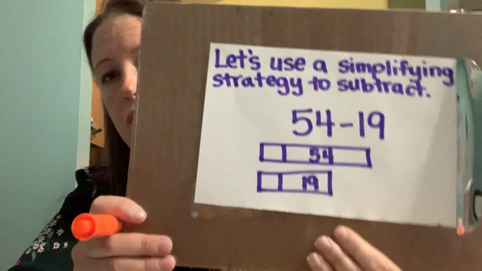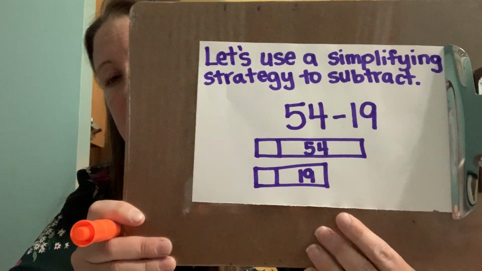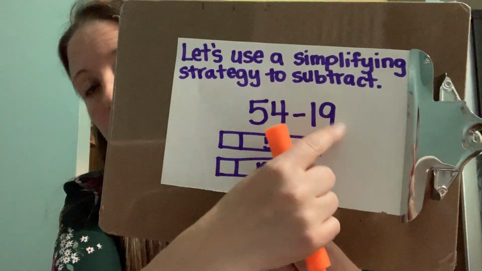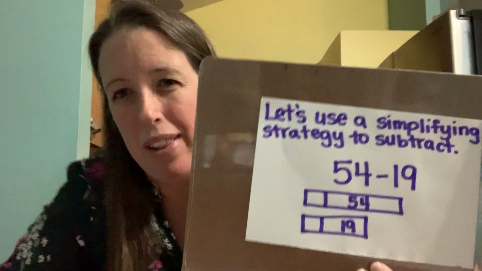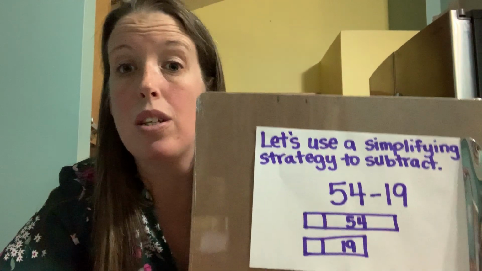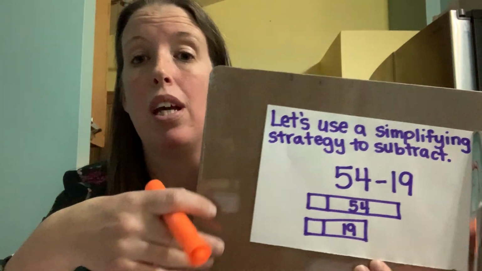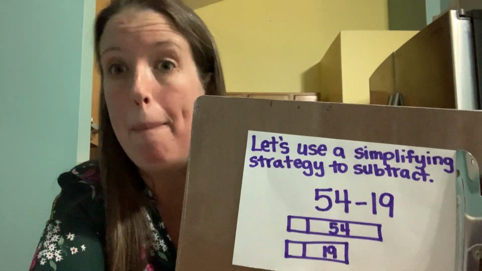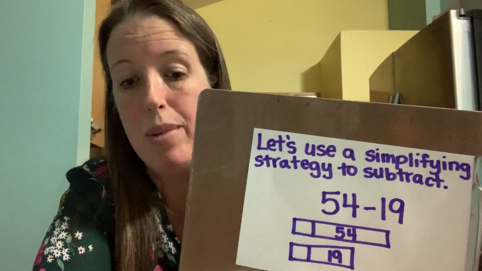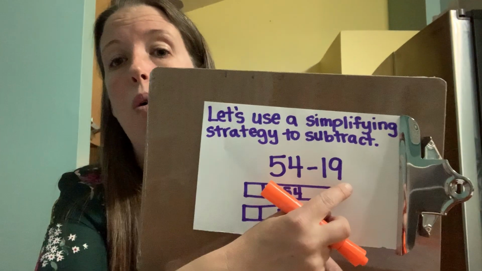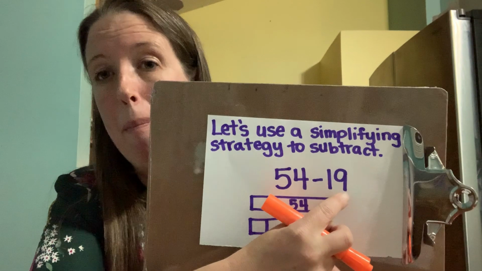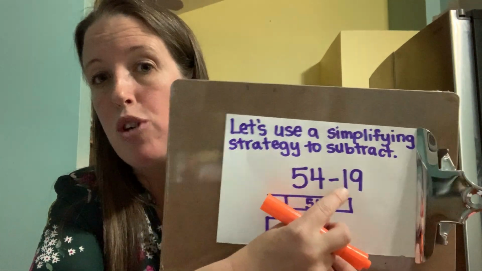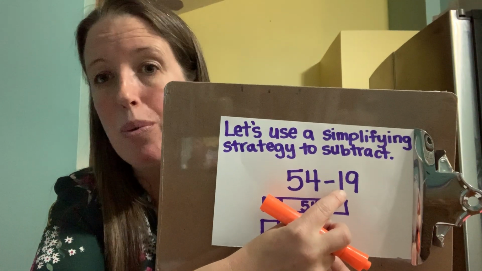So we have 54 and we want to take away 19. Now, neither of these numbers are very friendly. They're kind of difficult to work with. So our goal is going to be to compensate, which is where that compensation word comes from, or make this last number here that we're subtracting a little friendlier to work with.